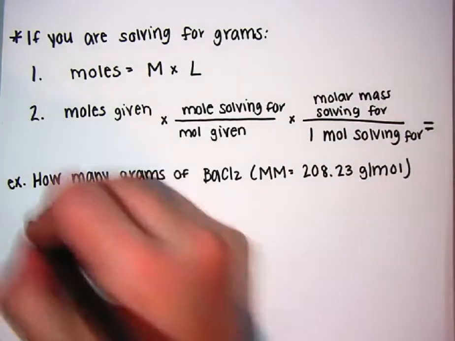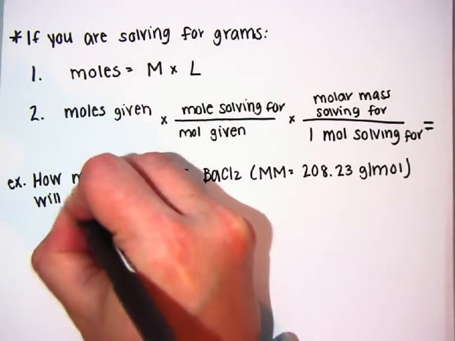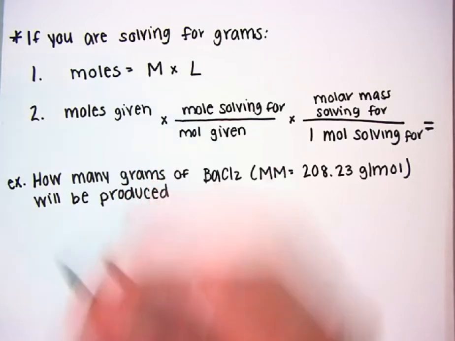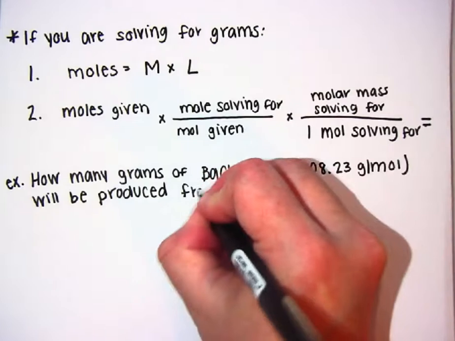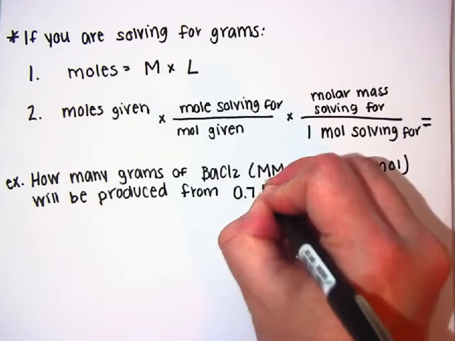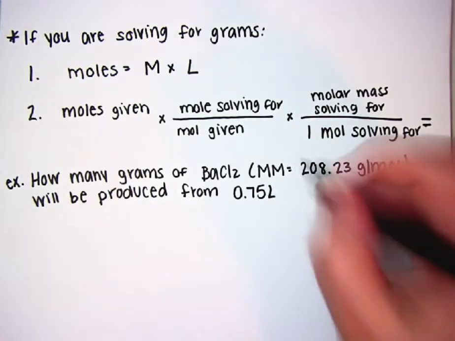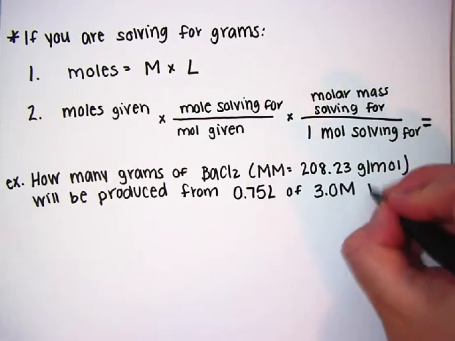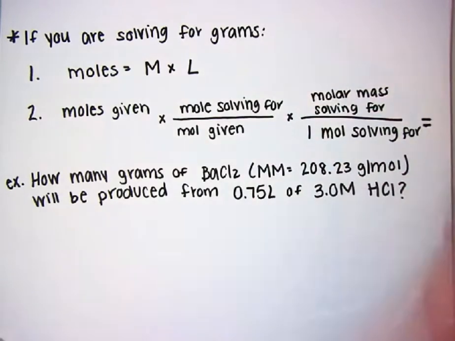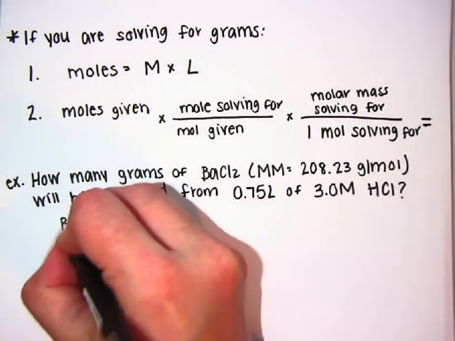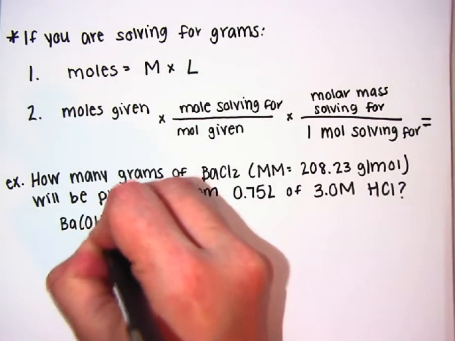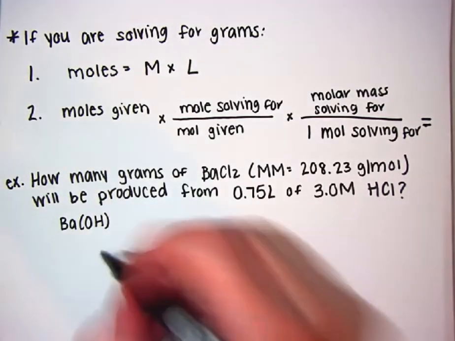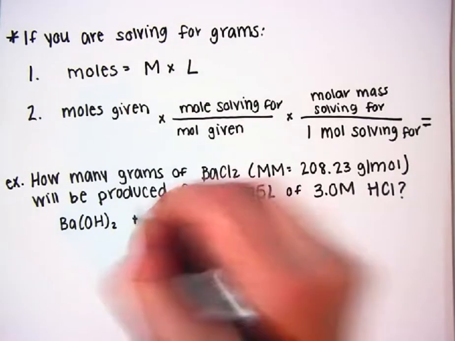How many grams of barium chloride will be produced from 0.75 liters of 3.0 molar hydrochloric acid? And then since we have two different substances, that means we're going to need a mole ratio, so we need a balanced chemical reaction.